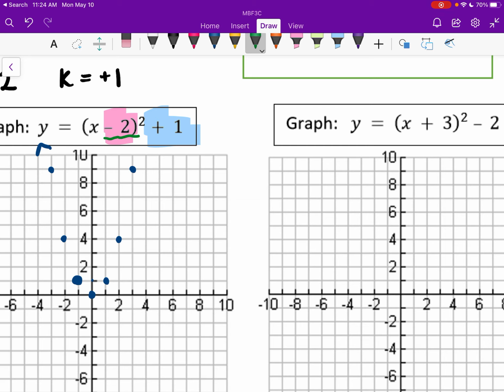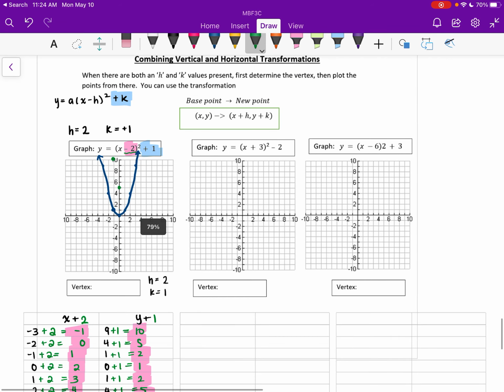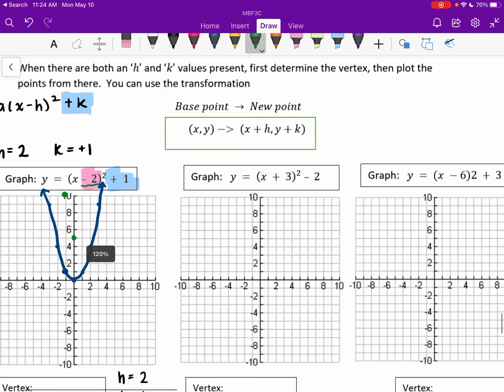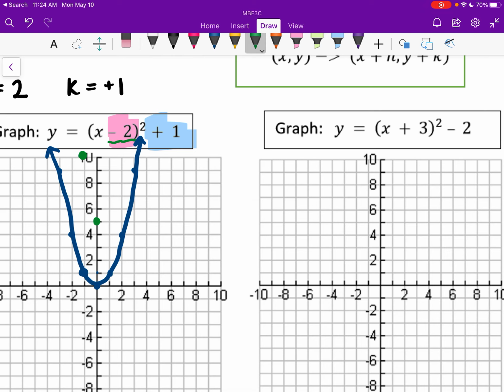So we are going to do this. Sorry, I just made a really quick mistake while drawing my graph. So 1 is going to go to 3.